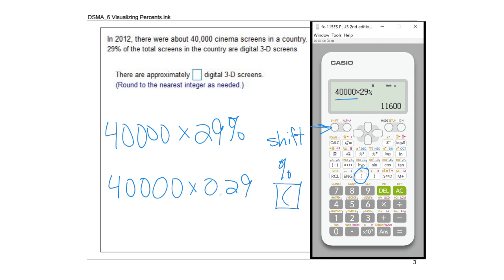So hit the shift key and then hit that open parentheses key, and, whoops, you have to type the 29 first, sorry. And then you put the shift parentheses, and that's going to give you the percent key, and the calculator goes ahead and takes care of it. This is a very cheater calculator here. Once I do all that, it looks like 29% of 40,000 would be 11,600.